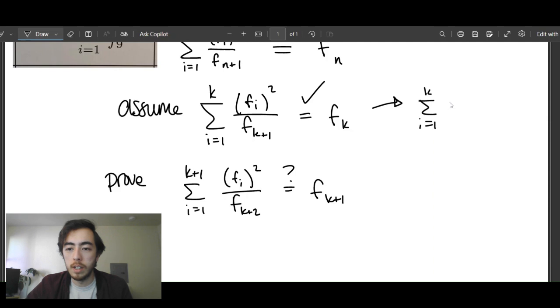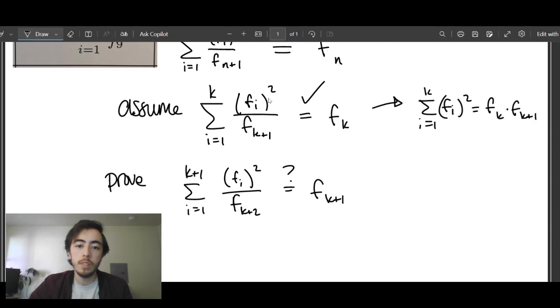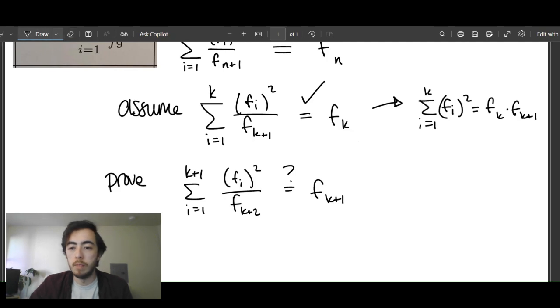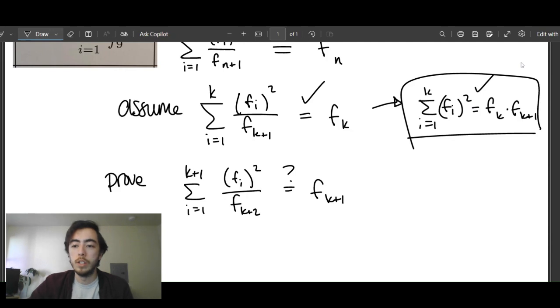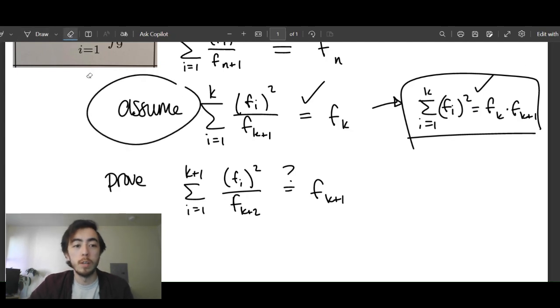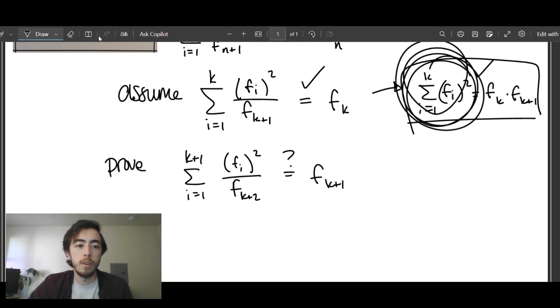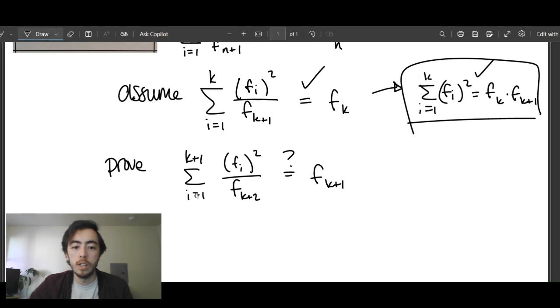So just like the f sub i squared, I know that's going to be equal to f sub k times f sub k plus 1. That's essentially just me multiplying this denominator over here using an algebra step. And so I'm very confident that this is also true based on my assumption here. And I'm hoping that I'll be able to find this guy, this sum of all the square Fibonacci numbers, somewhere in here.